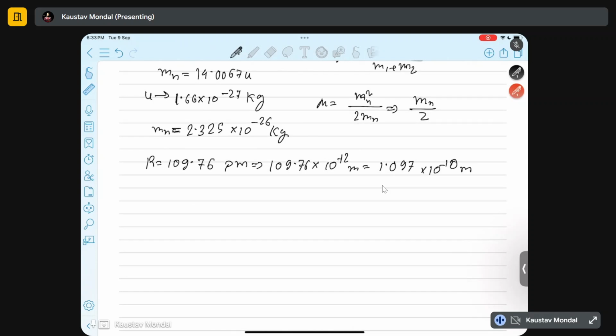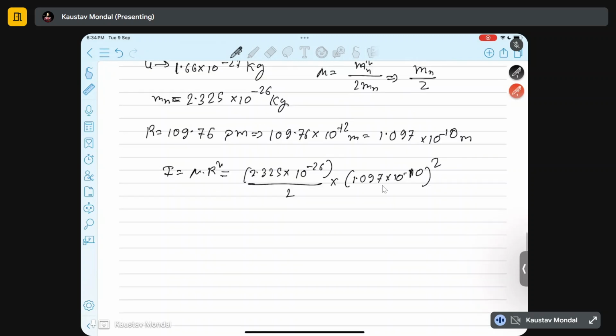Now, as you have both the reduced mass as well as the bond length, the task is to calculate the moment of inertia I, which is equal to mu into r square, where mu equals mN by 2. So that means 2.325 into 10 to the power minus 26, divided by 2, multiplied with the bond length 1.097 into 10 to the power minus 10, whole square.